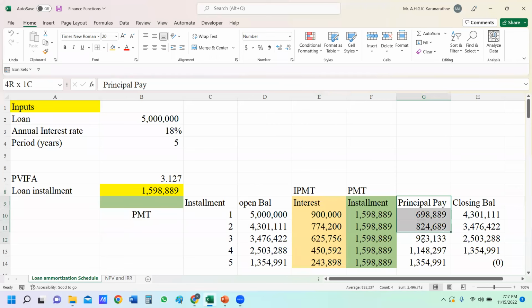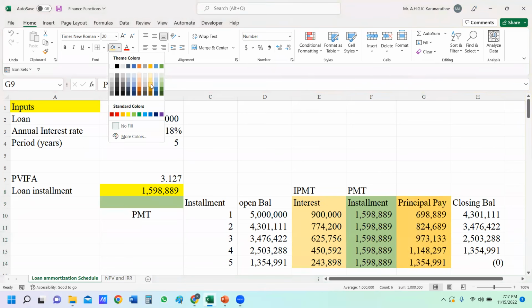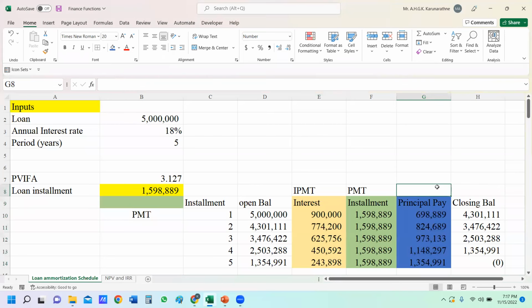And to compute the principal payment, there's another function. It is called principal payment, PPMT. So accordingly, using the IPMT function, we can prepare this column. Using the PMT function, we can prepare this column.